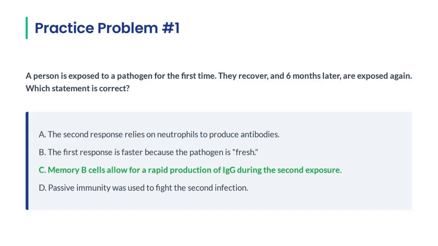Now we have some practice problems. Okay, first up, I don't know why Jerry put the answer in the question, but a person is exposed to a pathogen for the first time, they recover, and 6 months later they are exposed again. Which is the correct response?